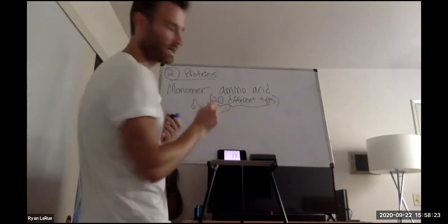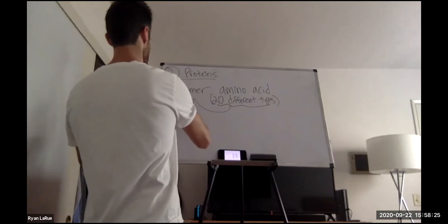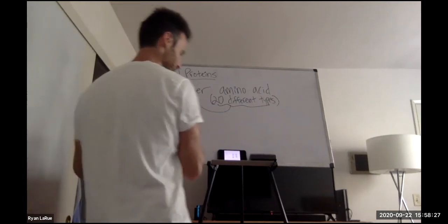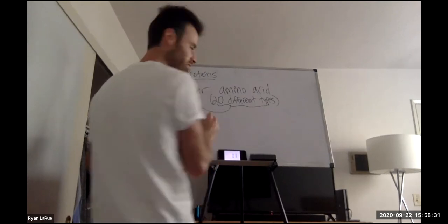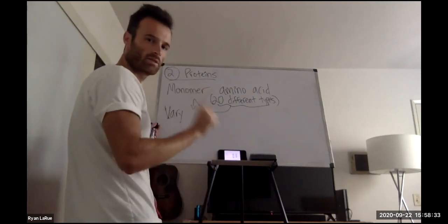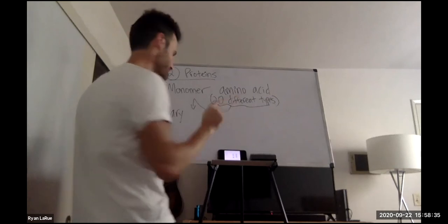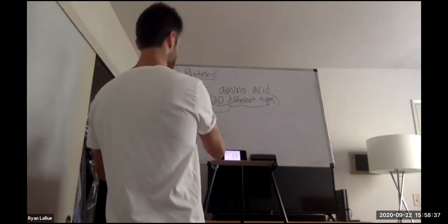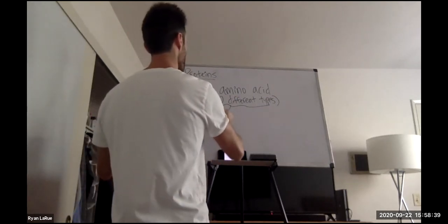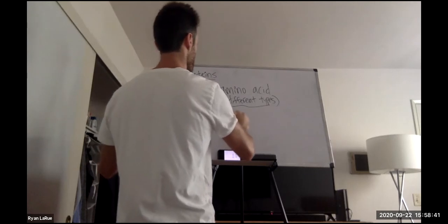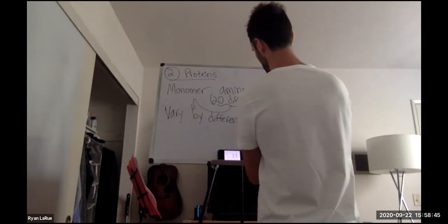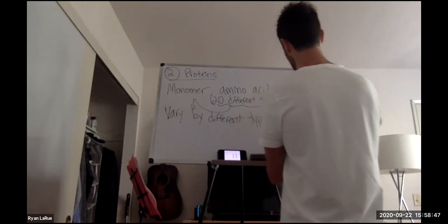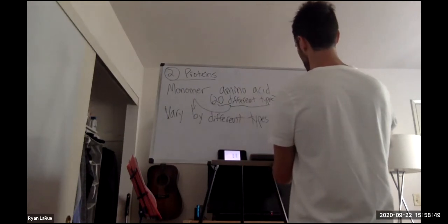So the 20 different amino acids vary. They're different due to their chemical side chains. We'll take a look at this. So they vary by different types of chemical side chains.